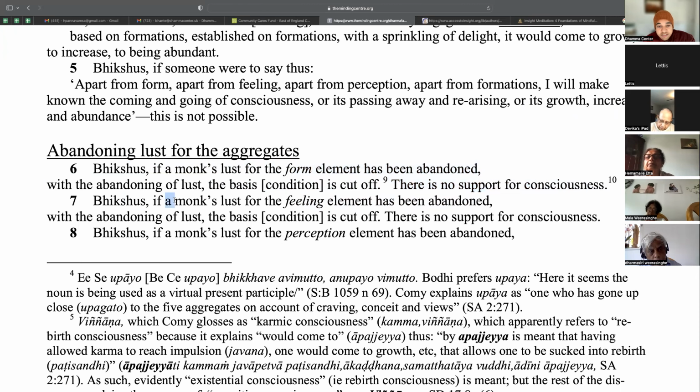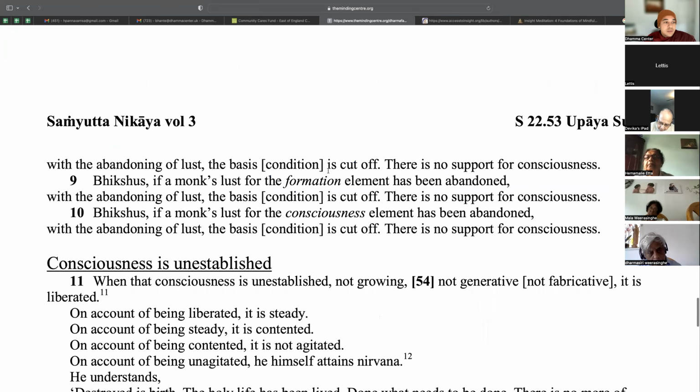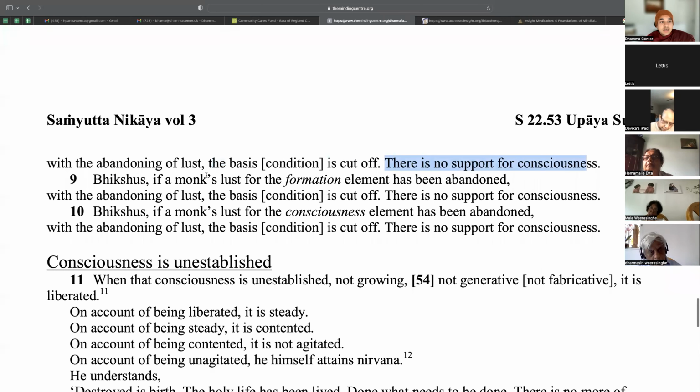Because if a monk's lust for feeling element has been abandoned, with the abandoning of lust, the basis is cut off. There is no support for consciousness. Because if a monk's lust for perception element has been abandoned, with the abandoning of lust, the basis is cut off. There is no support for consciousness.